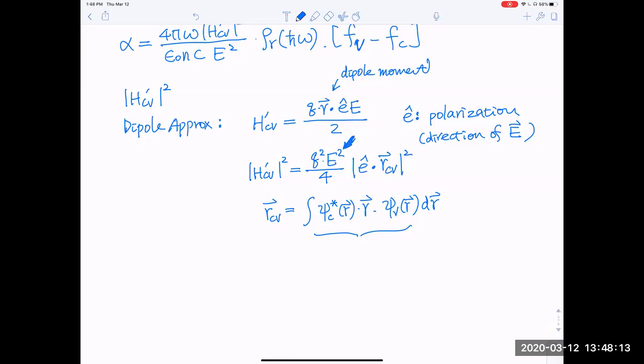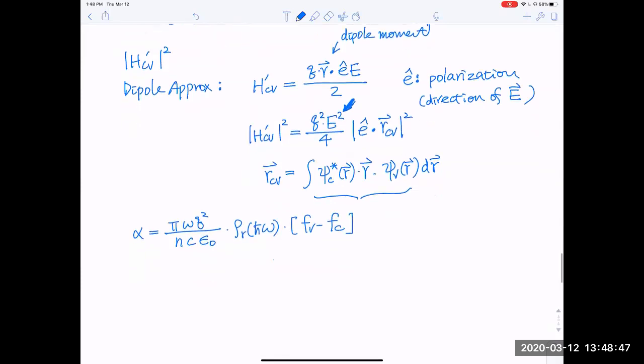So when we combine into alpha, that term will cancel out, and alpha simply becomes pi omega q squared divided by n_c epsilon_0 times rho_r of h bar omega times f_v minus f_c.